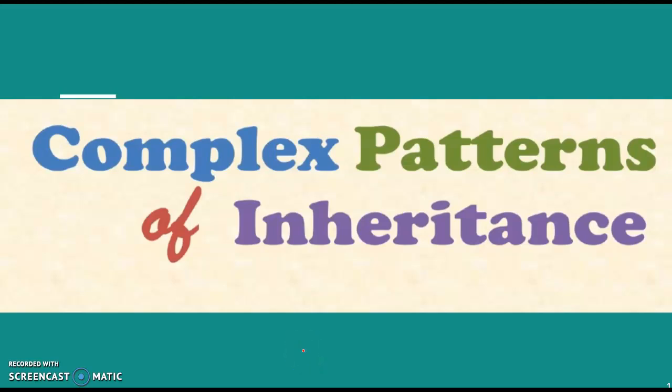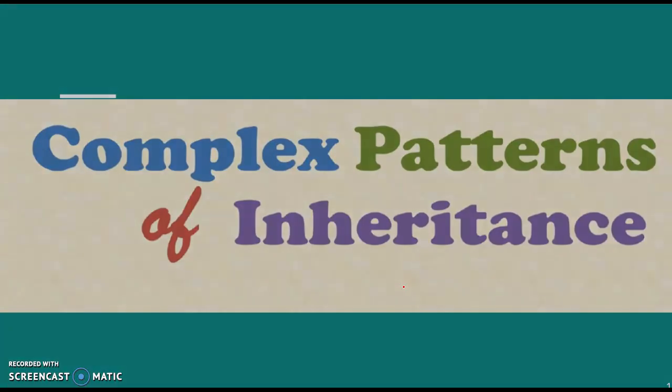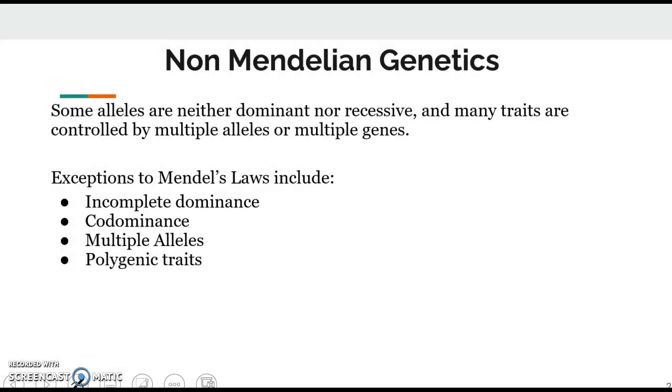All right, guys, in this note set, I'm going to be talking about complex patterns of inheritance. All right, so first, let's talk about non-Mendelian genetics. Up until this point, we have been talking about Mendelian genetics, and by that we mean they show dominance, recessiveness, and it's very simple, right?